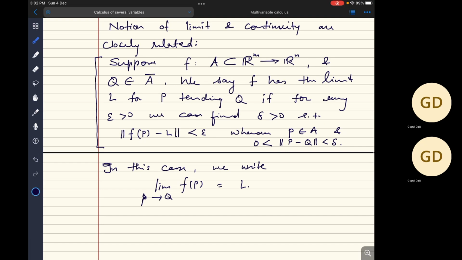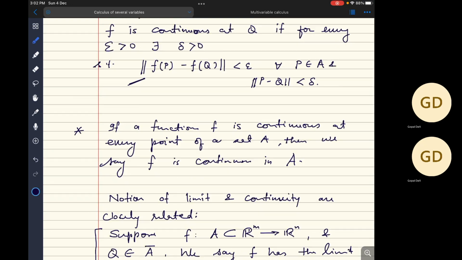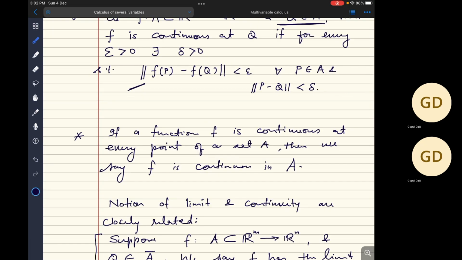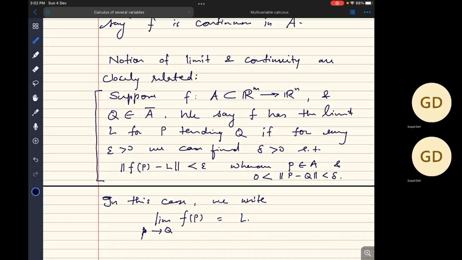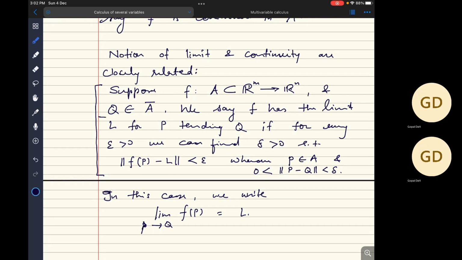Now see here, let us compare both the definitions. In the definition of continuity, we took q a point in A. However, in this case, we took this point q in the closure of A. You know, the closure of A is the set of all closure points, meaning the closure is A union its set of limit points.